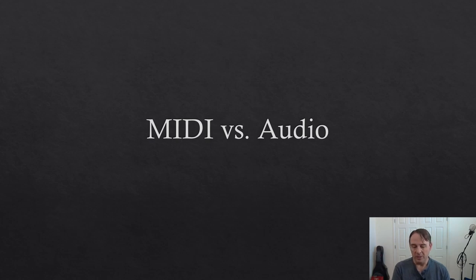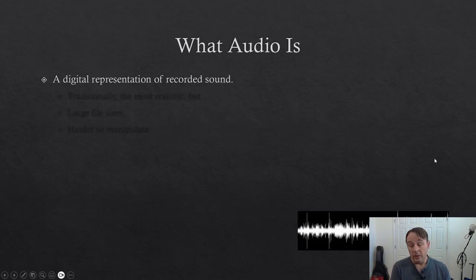So MIDI versus audio. What audio is, for our purposes, talking about recording music onto a computer, to your DAW through an audio interface of some kind, it's really just a digital representation of recorded sound. So, for example, if I play acoustic piano or a trumpet or a violin, something of that nature, or if I'm singing, that's what this will be.